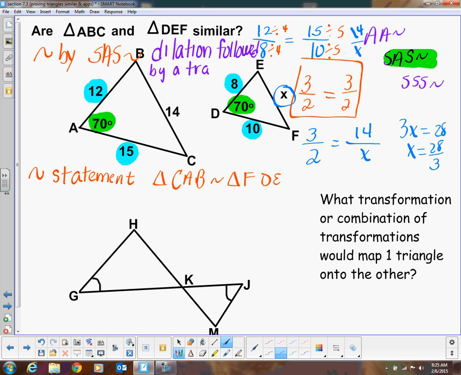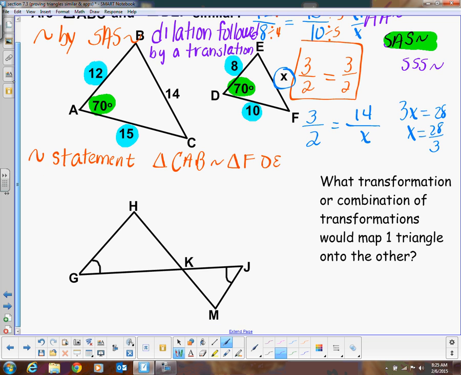Are the orientation of the vertices the same? How do you know? You look at CAB, that is clockwise, FDE, that is clockwise. Rotation does preserve that. But if you notice, A and D and B and E and C and F correspond, so it's a matter of just sliding it over.